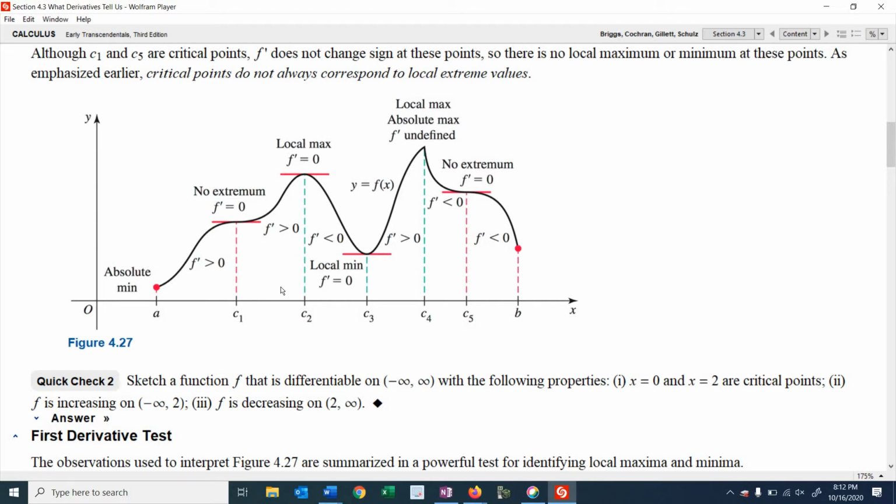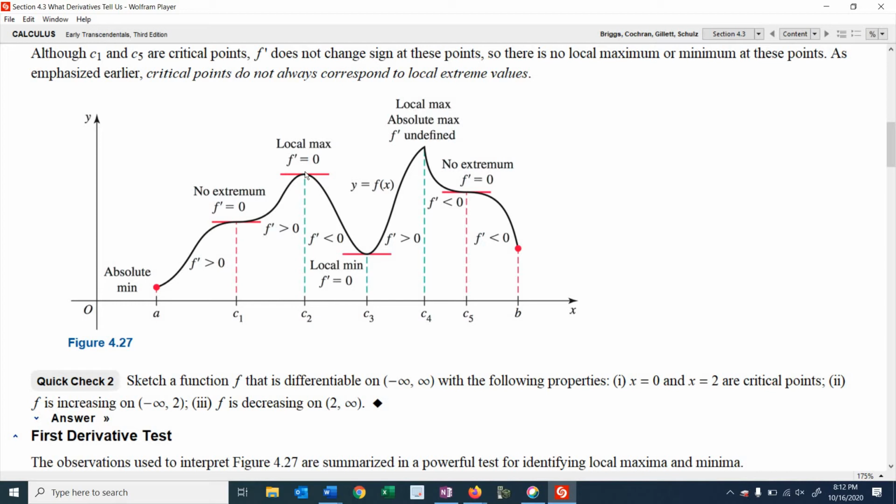Remember, a critical point is where the derivative is either 0 or is undefined. We have one at these locations because the derivative is 0. And then we also have one right here because the derivative doesn't exist at that point because it's a sharp corner. So we actually have 1, 2, 3, 4, 5 critical points.